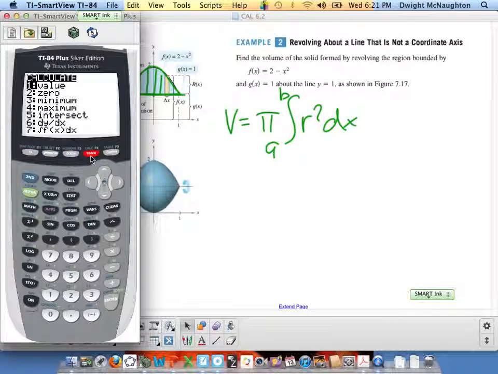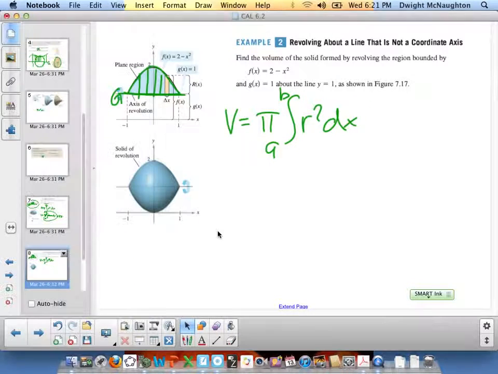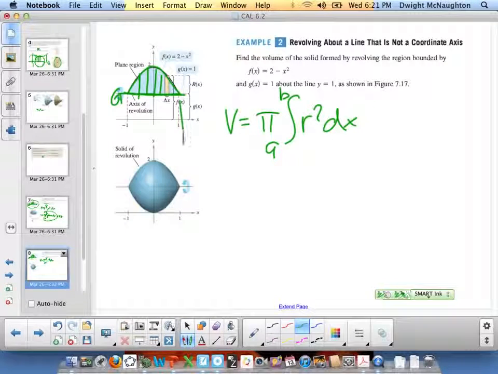So we'll trace, intersect, first curve is y1, the second curve is y2. It looks like the intersection's about 1, so I'll guess 1. And the intersection's 1, 1 right here. Because it's balanced, they're both even functions. That one will be negative 1, 1.